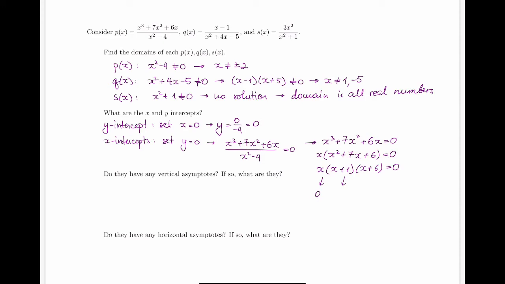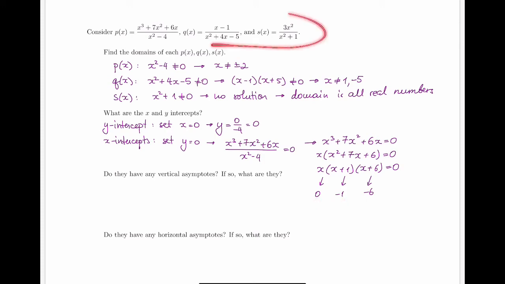Every bracket will give me one particular x-intercept for when these pieces are 0 themselves. Okay, so this function, this p of x, has a y-intercept at 0 and x-intercepts at 0, minus 1 and minus 6, so it goes through the origin.